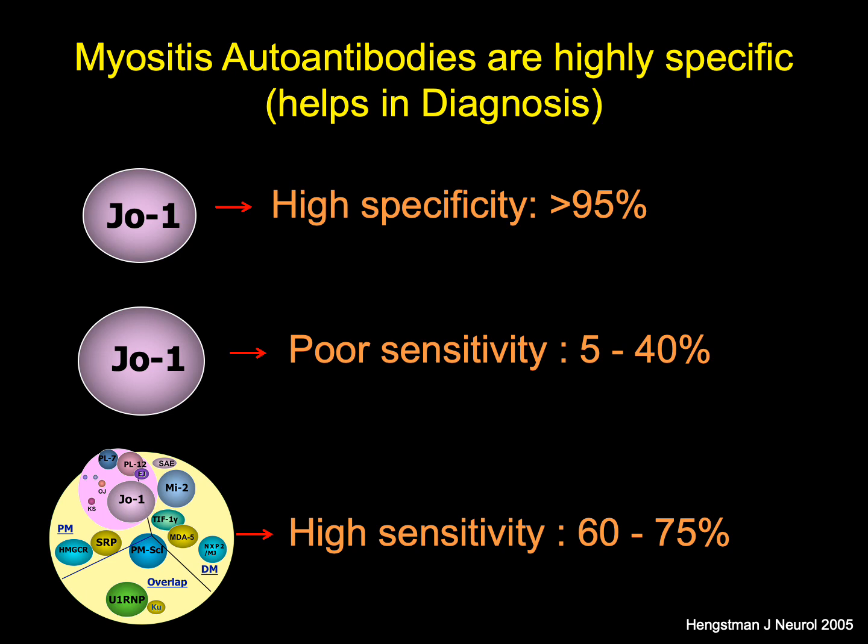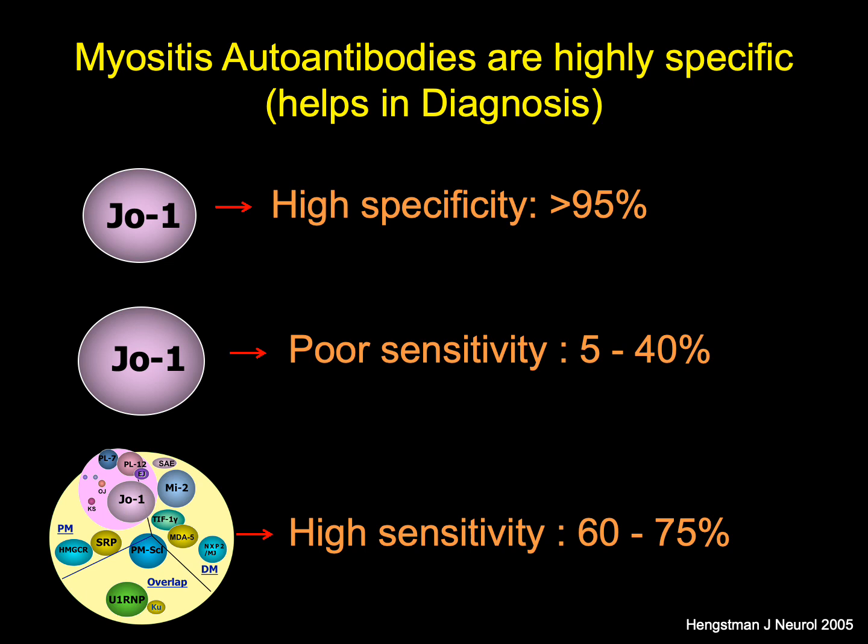Therefore, having a myositis antibody almost certainly puts the patient in that particular diagnosis, but not having a myositis autoantibody does not rule out myositis as the diagnosis. Now, fortunately, we have many myositis autoantibodies discovered.